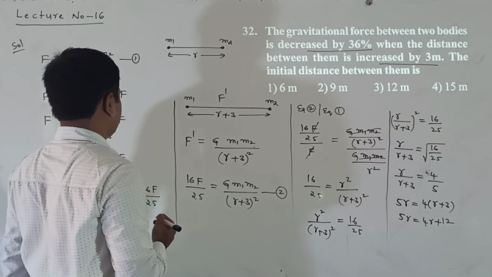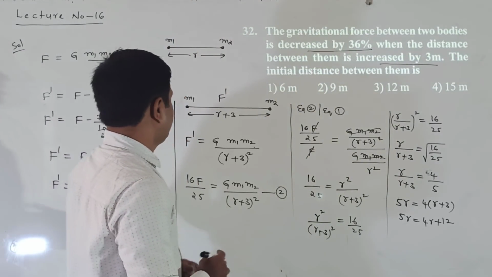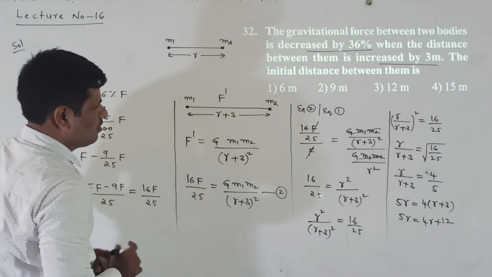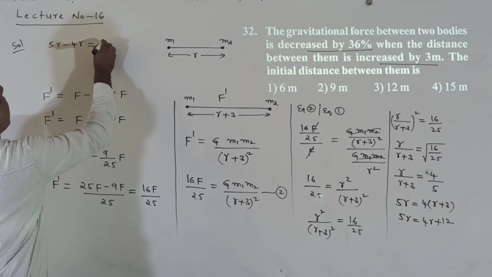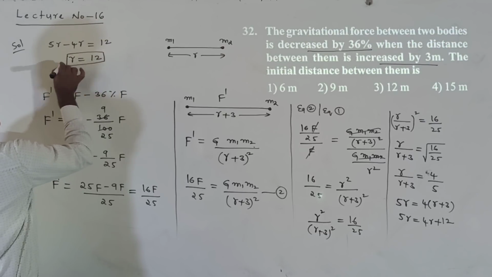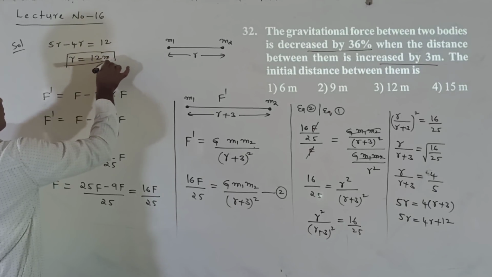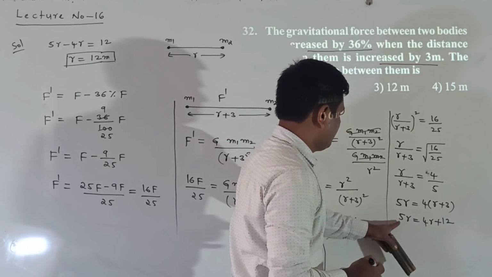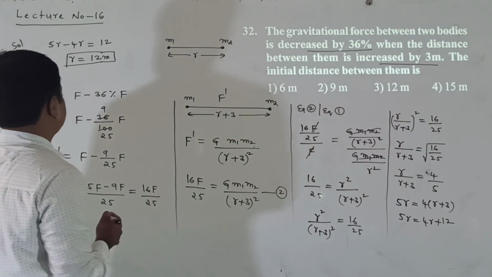Now 5r minus 4r is equal to 12. From this, r is equal to 12 meters. We are getting the answer. Because we take 5r minus 4r, where the 4r was plus, now we take minus. So r is equal to 12 meters.